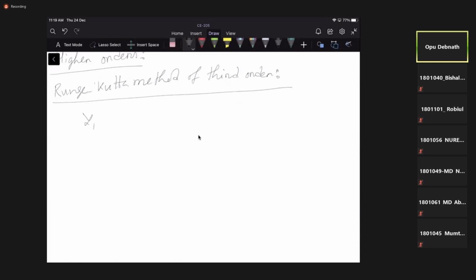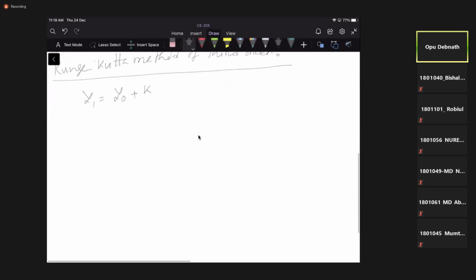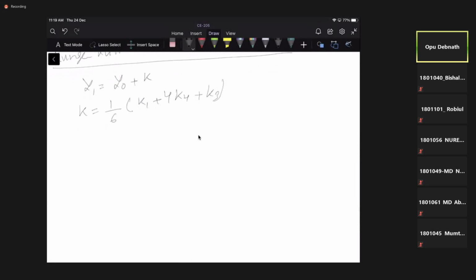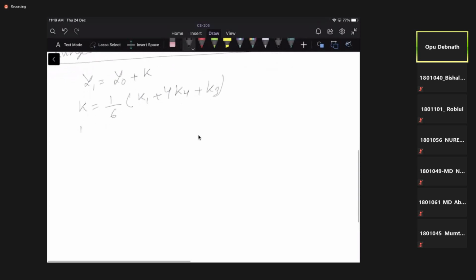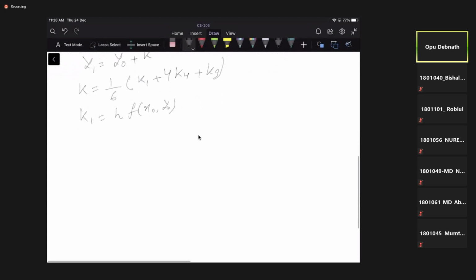Actually your y1 will be y0 plus k as before. At this stage k is equal to 1 by 6 of k1 plus 4 k4 plus k3. So now I need to calculate k1 to k4. Here k1 is equal to h f of x0, y0 as before.